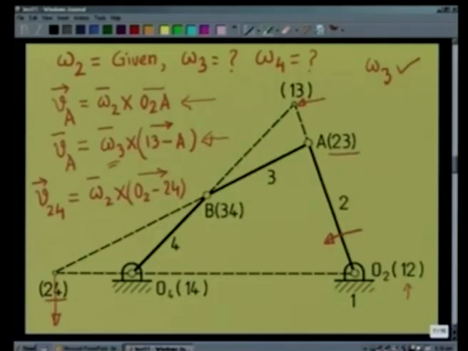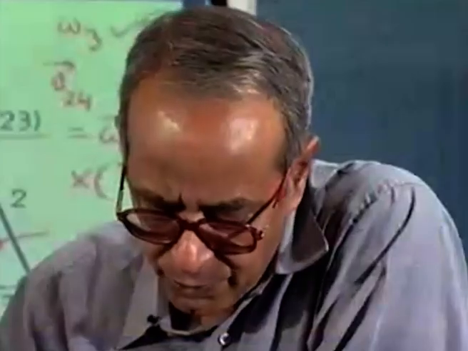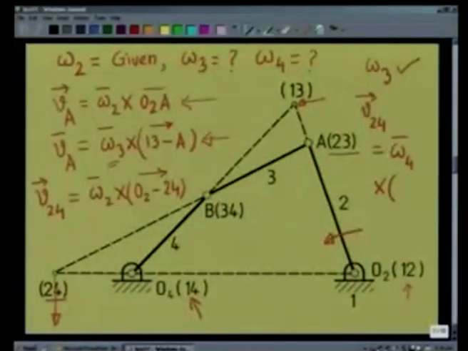So, same equation I can write: V24, considering it to be a point on link 4, is omega 4 cross the vector from O4 to the point 2 4, since link 4 is rotating about 1 4, that is O4. Now, V24 is already known, only unknown is omega 4, so I can determine omega 4.